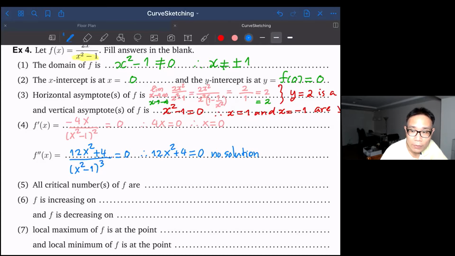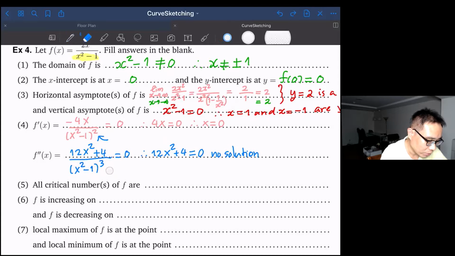However, don't forget that the derivative does not exist at x equal to 1 and x equal to negative 1, because you are not able to compute f at 1 and f at negative 1. So these will not be the inflection point and will not be the local maximum.